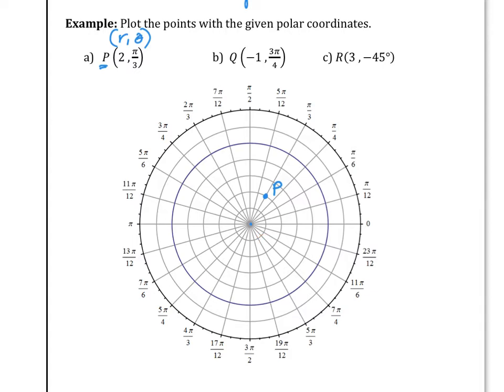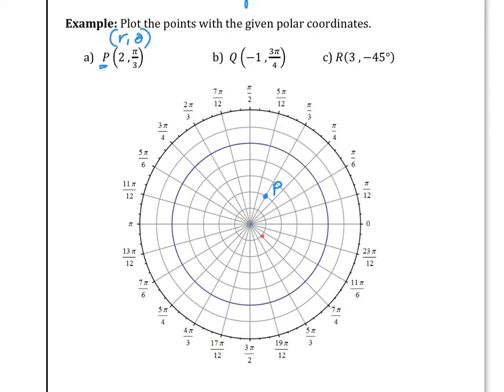Again, if this is very confusing, alternatively, you could have started with the angle first. Find 3 pi over 4, which is this line, and then you want to go negative r, -1 direction.